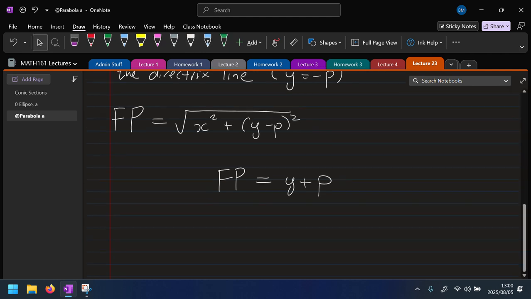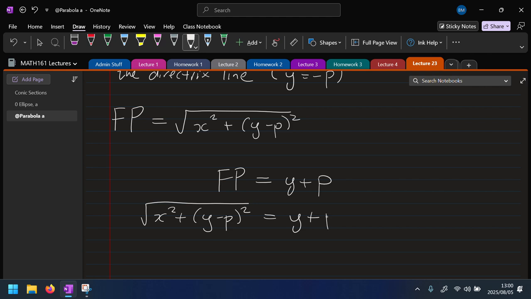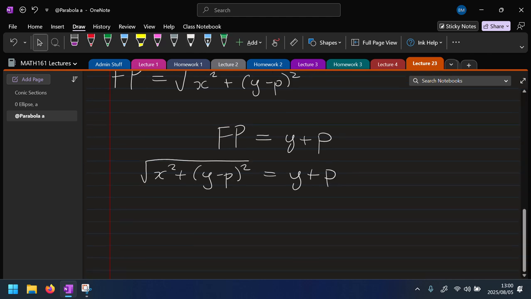Next, FP, we know what that is, just the distance formula that we had there. So this is going to be the root of x squared plus (y minus p) squared is equal to y plus p. Okay, same stuff as before. We want to simplify this. We've got this root, so we square both sides.